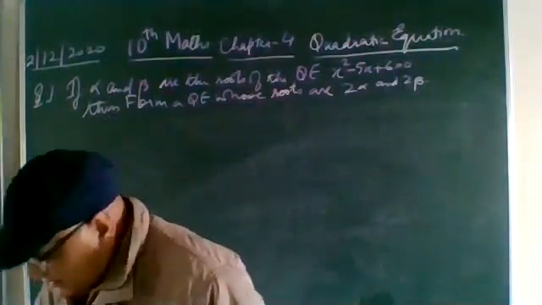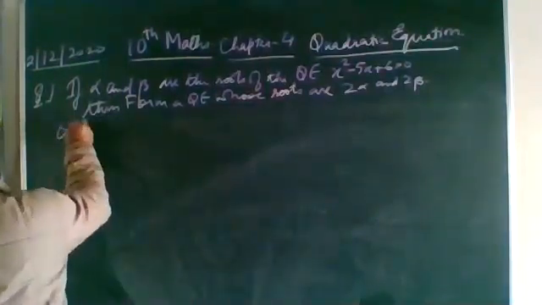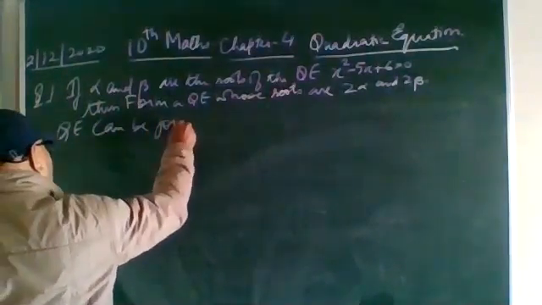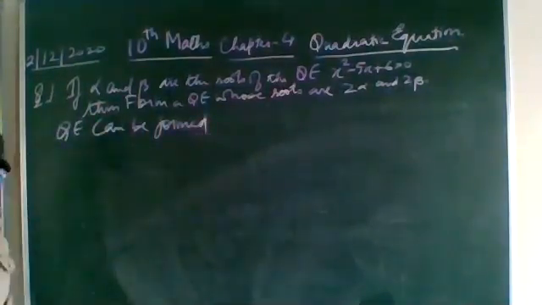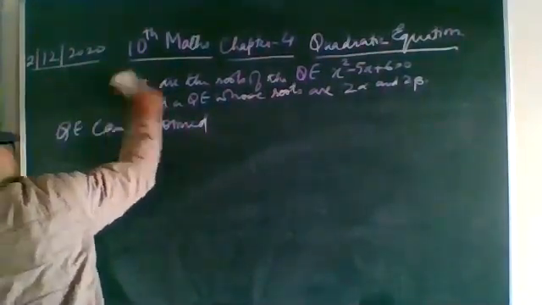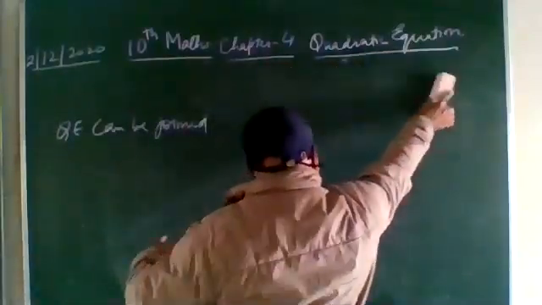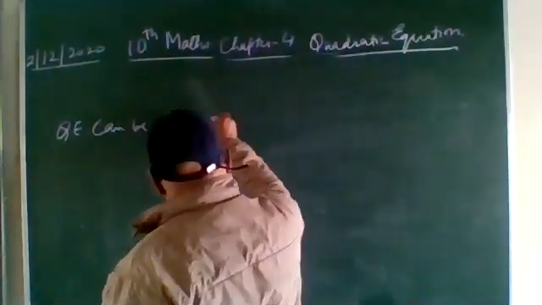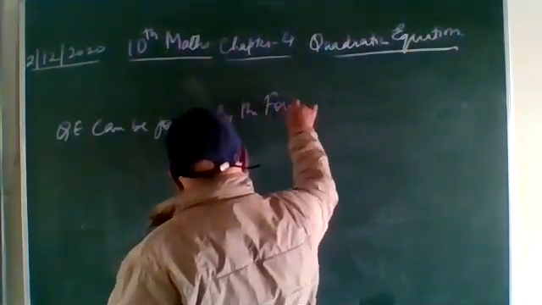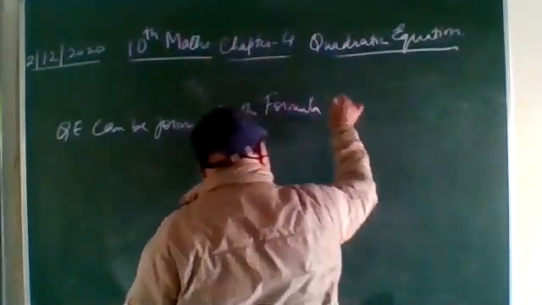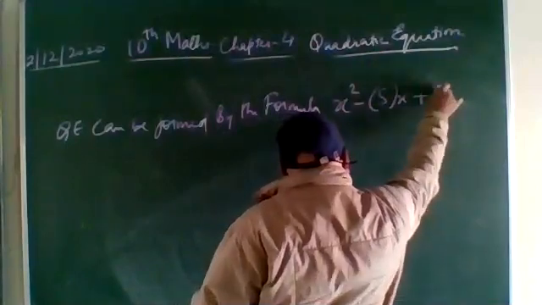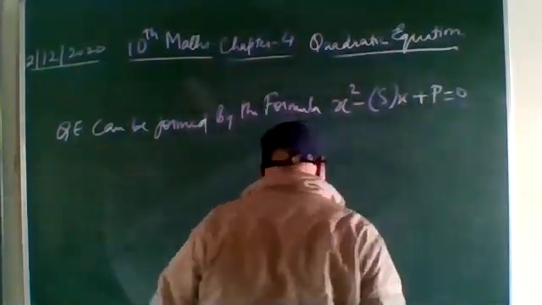The formula is x square minus Sx plus P equal to 0.